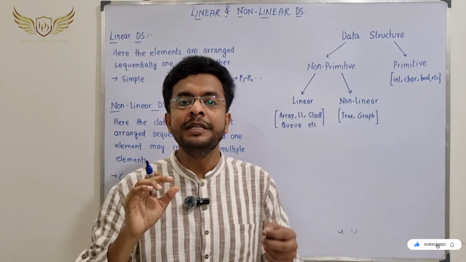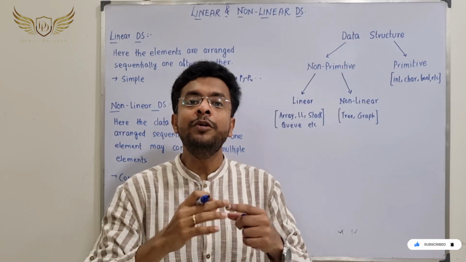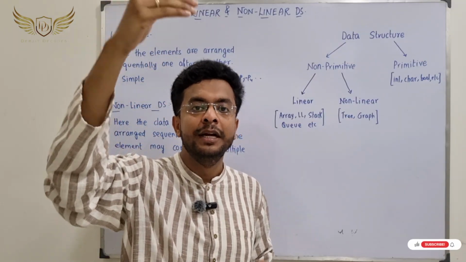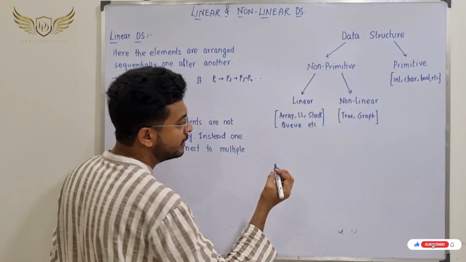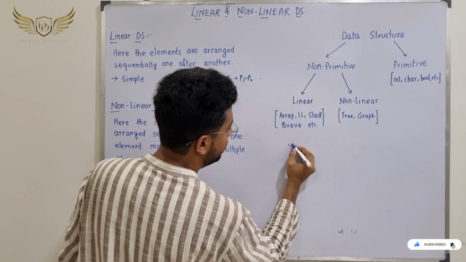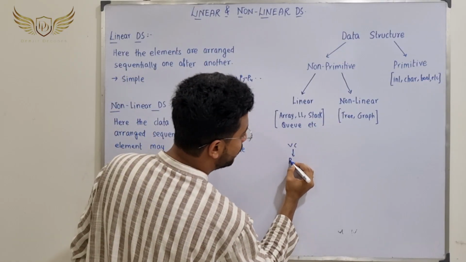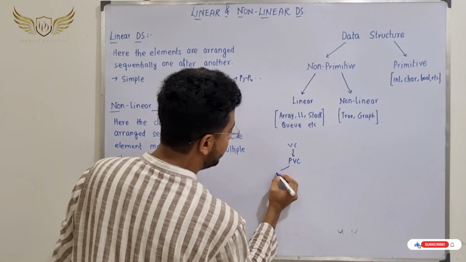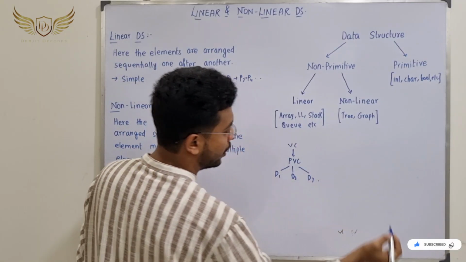Now suppose, in case of an organization, say a university. If you want to draw the university tree, from the highest authority to the lowest authority, how the people are arranged. Suppose in a university there are several schools. It starts from the VC, Vice Chancellor. There is one Vice Chancellor, suppose. Then there is one Pro Vice Chancellor. Right? Then under this Pro Vice Chancellor, there are several deans. Say Dean 1, Dean 2, Dean 3, and so on.